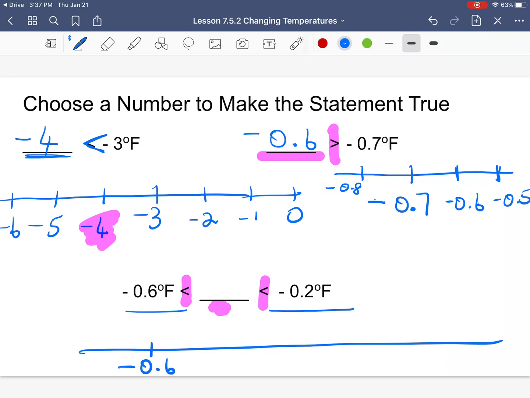It's -0.6, -0.5, 0. So we're looking for a number in between -0.6 and -0.2. So any of these would be good. I'm going to just choose -0.3. It's in between -0.6 and -0.2, and I'm able to look at the number line and just pick it off. I could just as easily have picked -0.4 or -0.5.